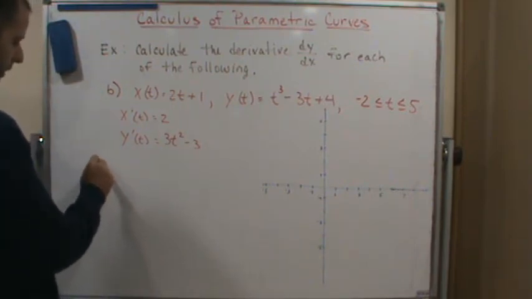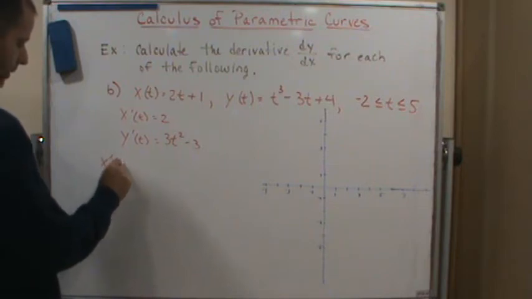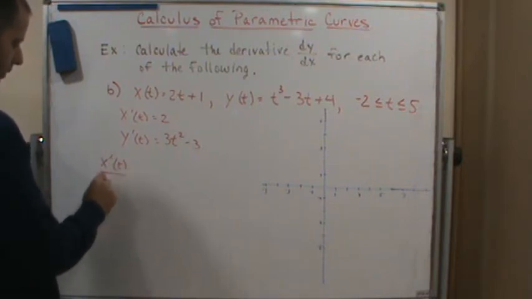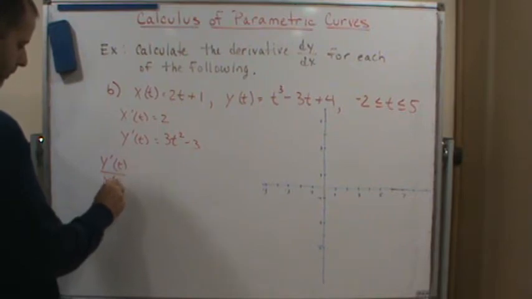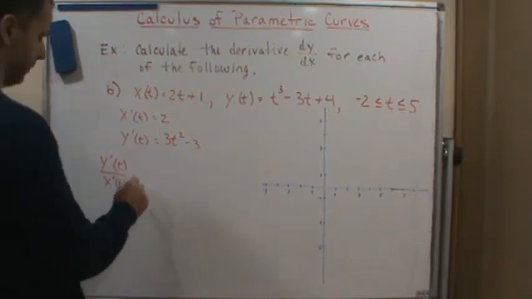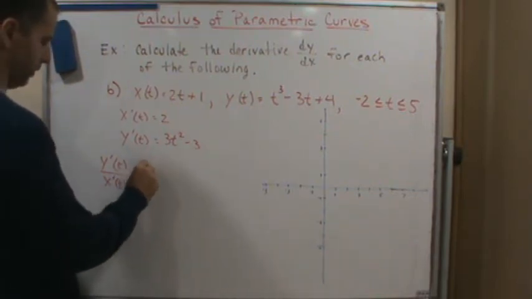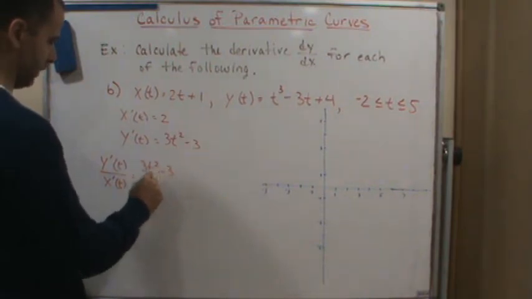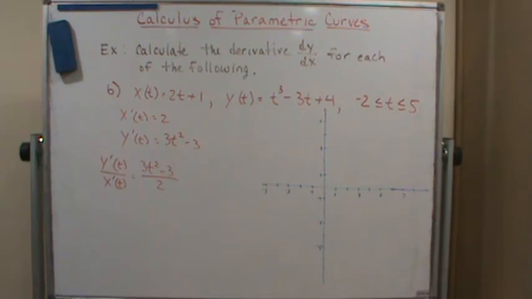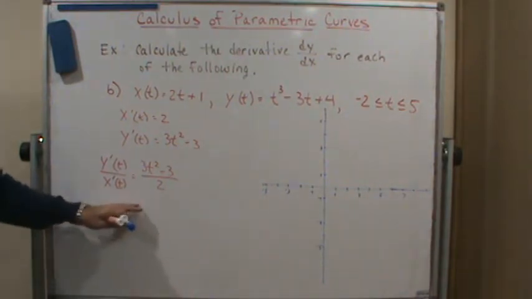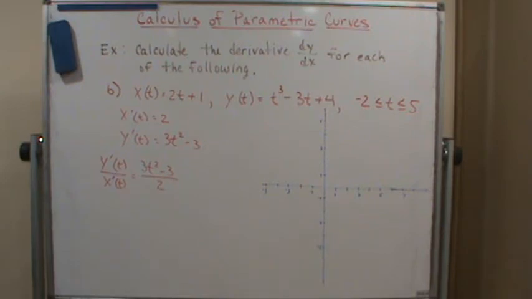We're going to take y prime of t over x prime of t, and so we get (3t squared minus 3) over 2. Okay? So all I'm doing is using the equation from the theorem.